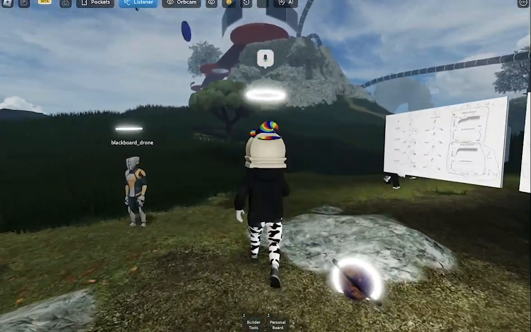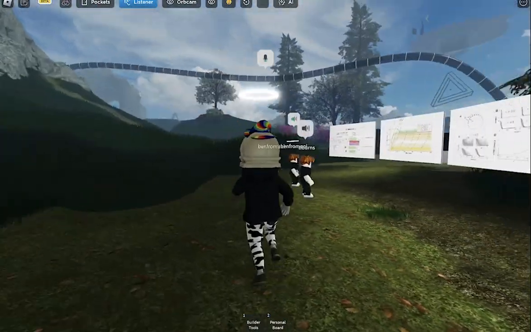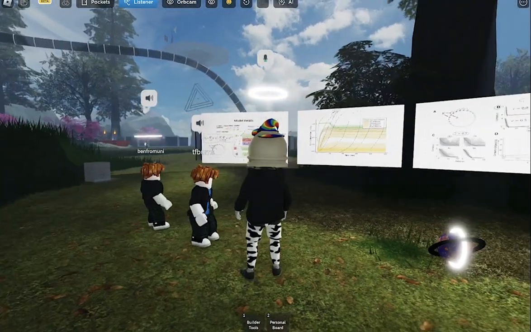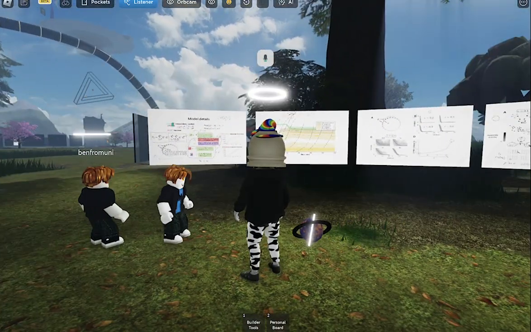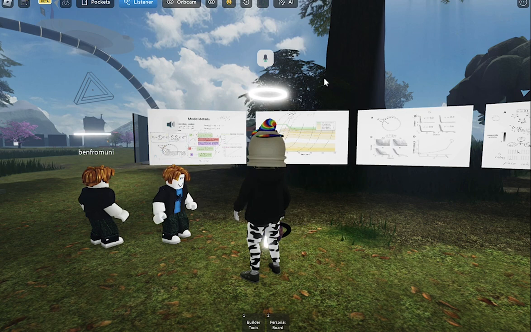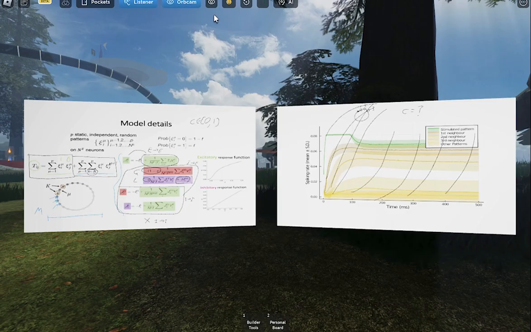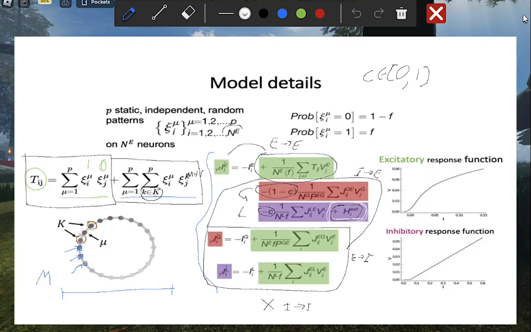Maybe just quickly summarize what this TIJ is supposed to be. TIJ is the connection strength between excitatory neurons. In this model, we have the excitatory neurons, whose total number is N superscript E. I can see this as being the connection to the Ising model that I was promised.